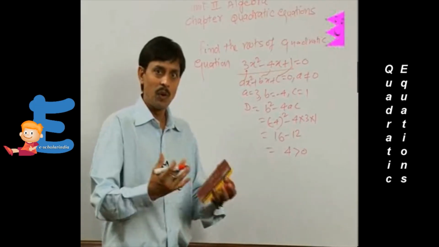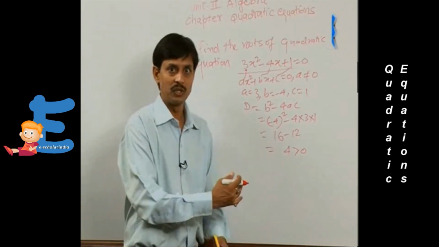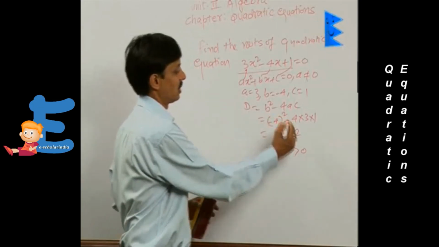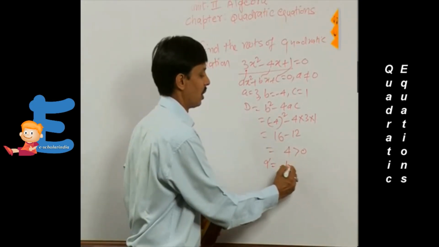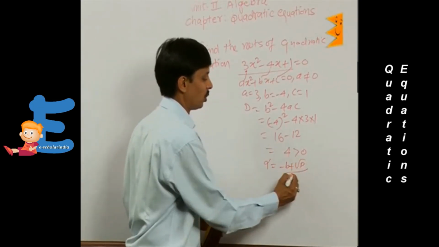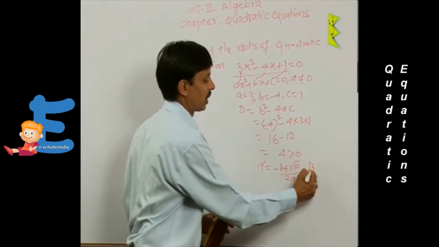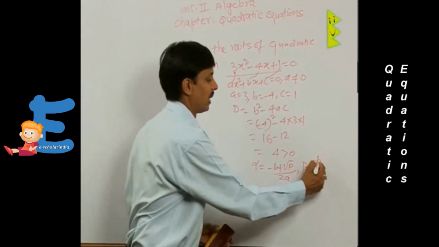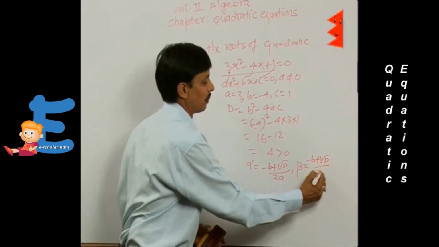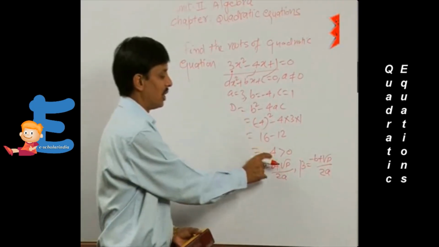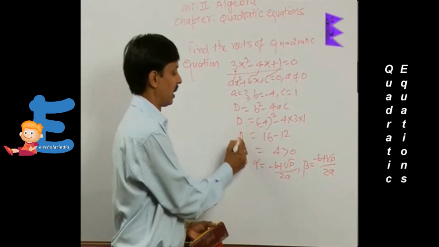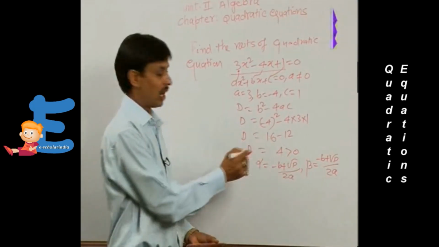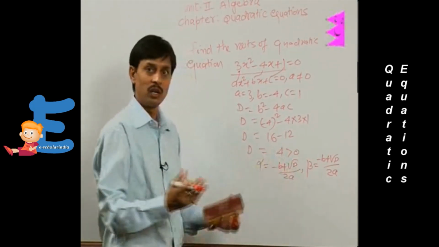What is the formula for calculating the roots? As we have shared, the first is alpha is equal to minus b plus root d upon 2a, and the second root is minus b minus root d upon 2a. The value of the discriminant is 4. So the value of root d will be 2.